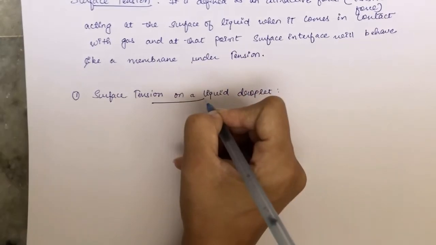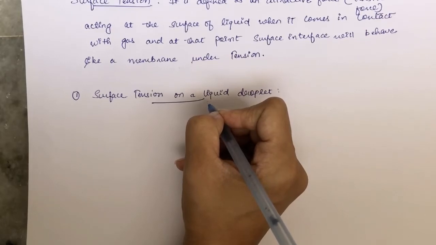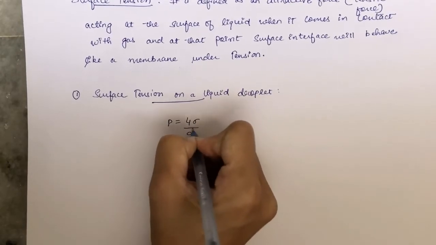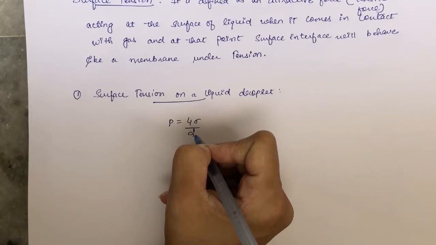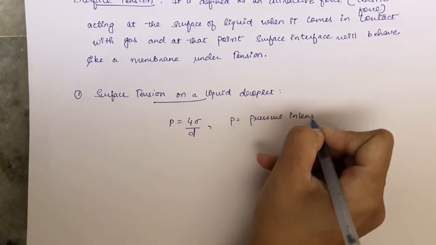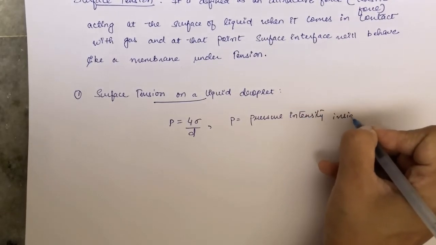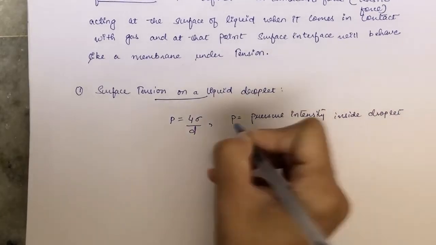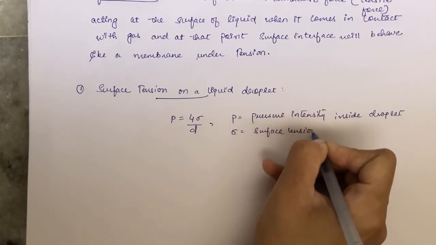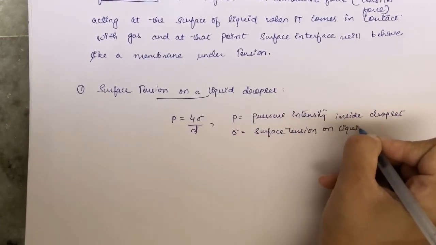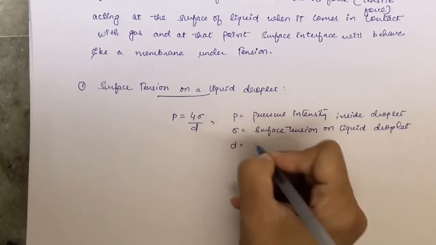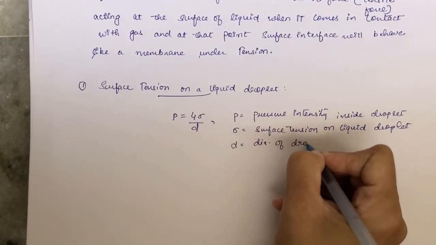It is given as P equals 4 sigma upon D, where P is the pressure intensity inside the droplet, sigma is the surface tension on the liquid droplet, and D is the diameter of the droplet.